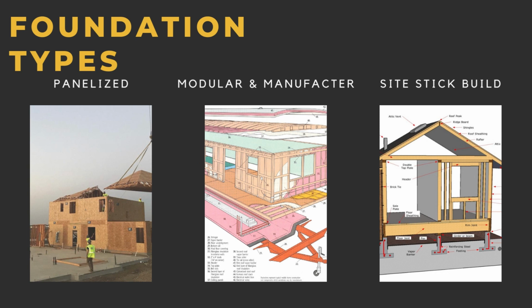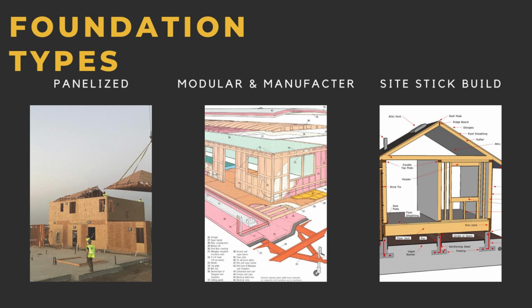There are several different types of foundations in buildings that you need to be aware of. You can have a basement, which can have various different foundations and crawl space designs. You can have an open pier, which a site stick built would be the picture on the right that you can see. Of course, you have modular homes.